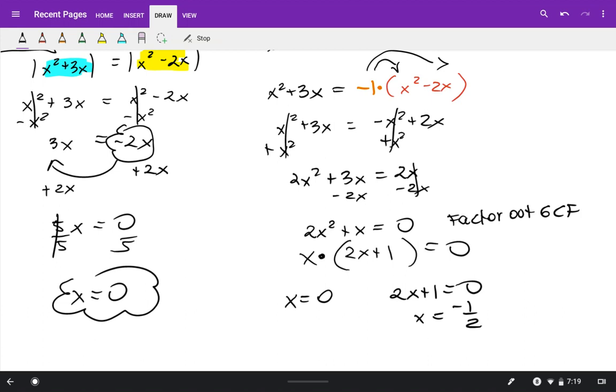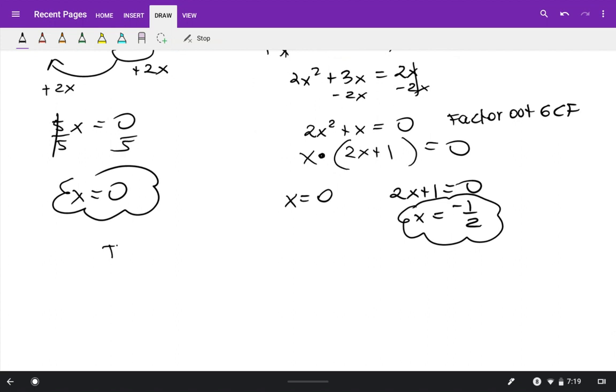So we also got 0, and since I already have 0, I can ignore the second 0, and the second solution is -1/2. So the solution set is -1/2, comma 0.